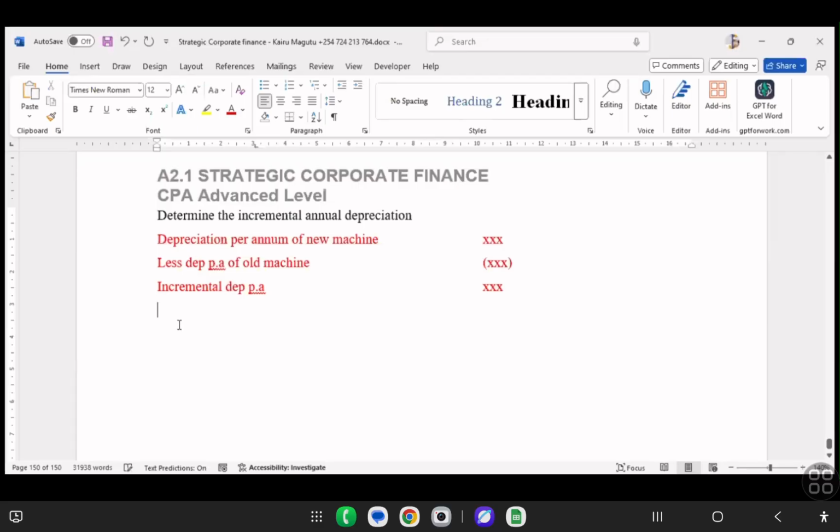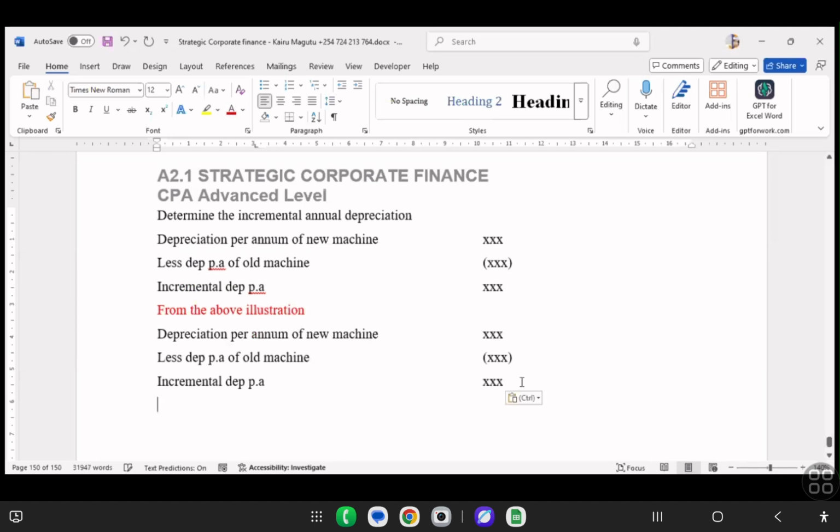So we say that from the illustration above, let's take the depreciation per annum of the new machine.